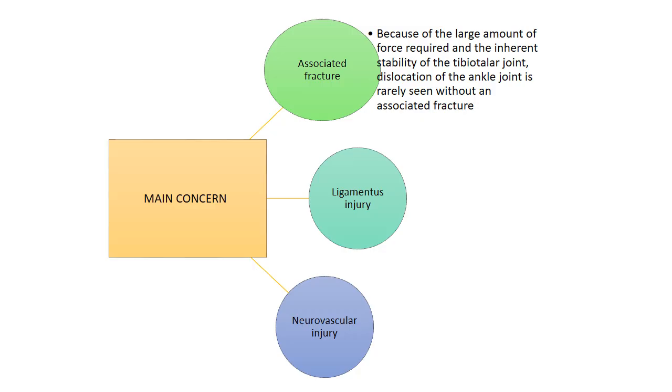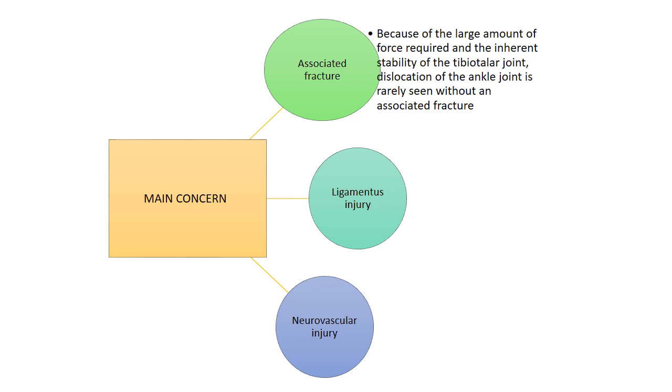The main concern in ankle dislocation is associated fracture, ligamentous injury, and also neurovascular injury. During ankle dislocation, a large amount of force is needed to break the ankle joint, which has great stability. That's why in ankle dislocation, there are also associated fractures that need to be sought out during clinical examination.